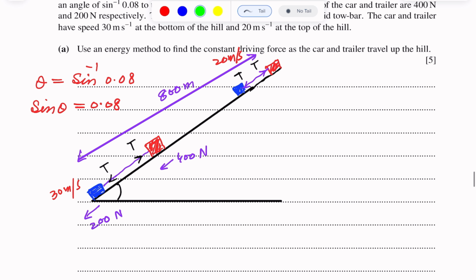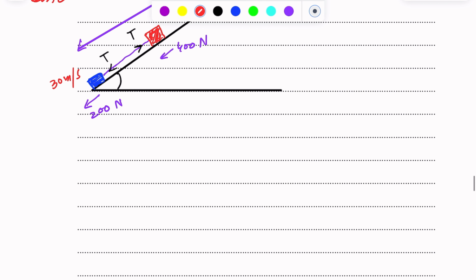So the work energy relation is this: work done, I am writing in short form, WD, meaning work done by driving force, is equal to work against friction, I am representing friction here by a small f, plus change in mechanical energy, delta ME.